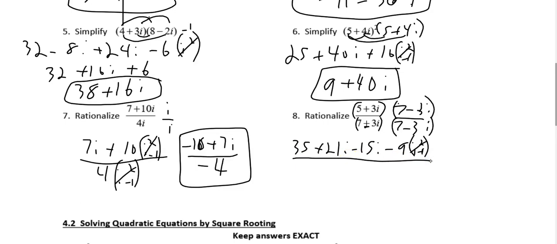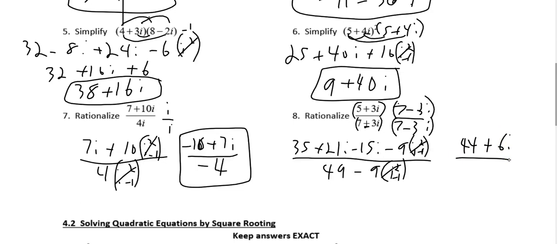On the bottom, just first times first, 49. And last times last, -9, again, is like the top, i squared, which is really just -1. So the -9, I'm sorry, my bad. The -1 is going to make both those -9s positive. So on the top, I end up with 35 plus 9, which is 44, plus 21 minus 15 is 6i.